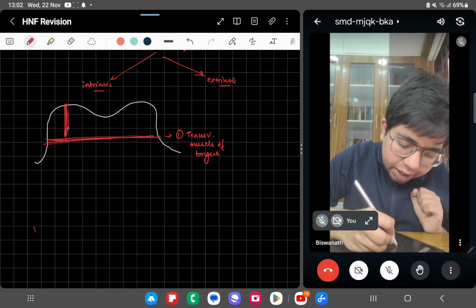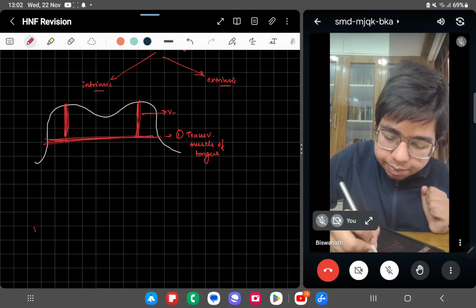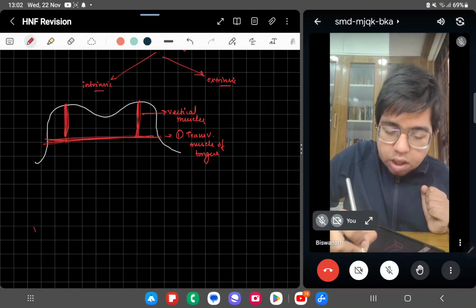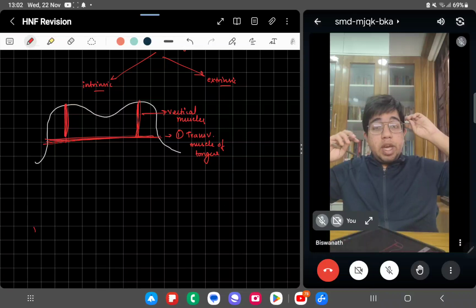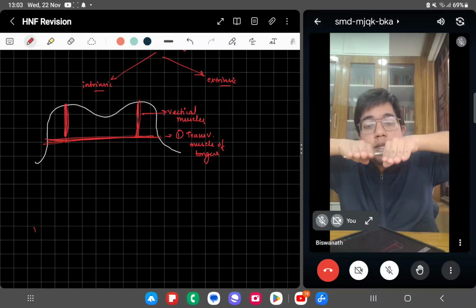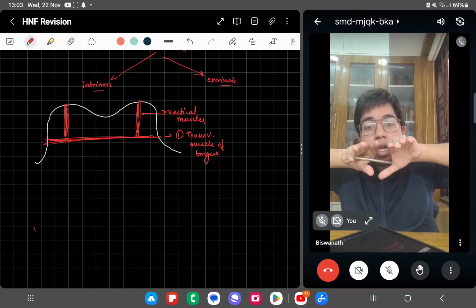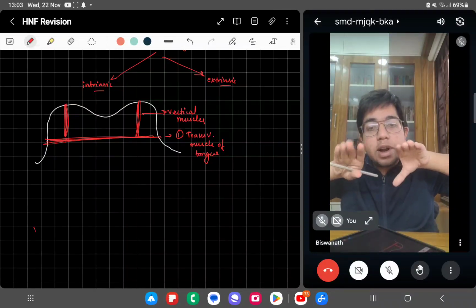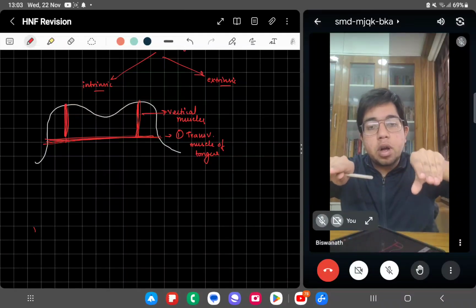Then we have the vertical muscles. These vertical muscles make your tongue broader. If they contract, the tongue will become broad and flat.